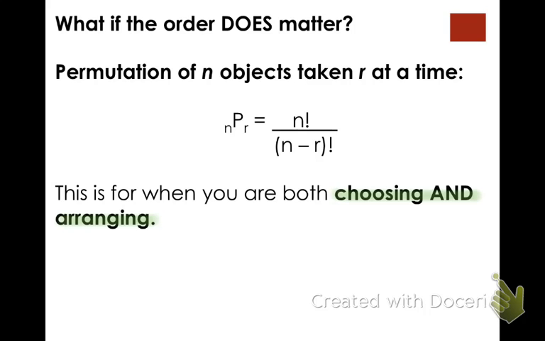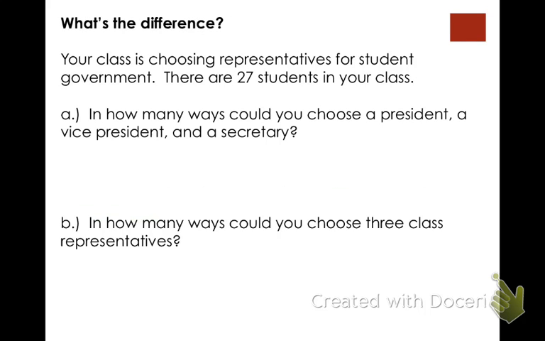The hardest thing about these 2 sections is deciding, are you supposed to be using a combination or are you supposed to be using a permutation? And that's what we're going to kind of focus on today. So here are 2 different examples to really illustrate the difference between the combination and the permutation. Here's a scenario.